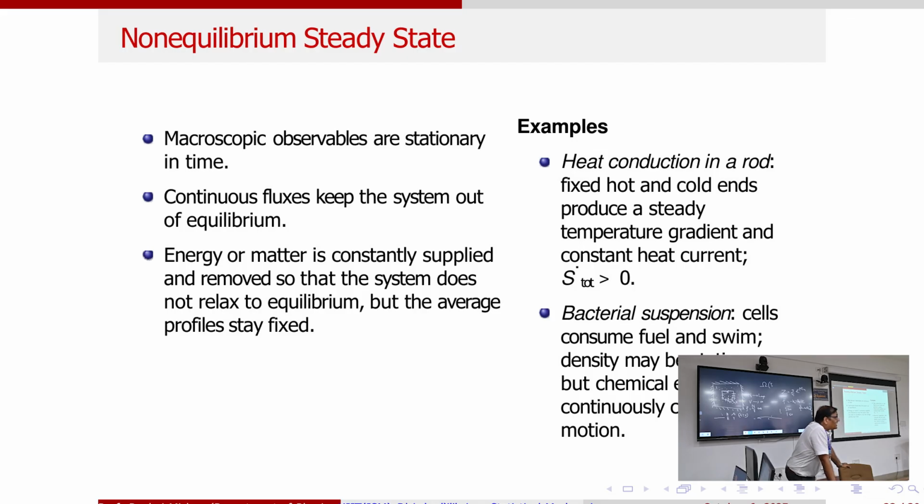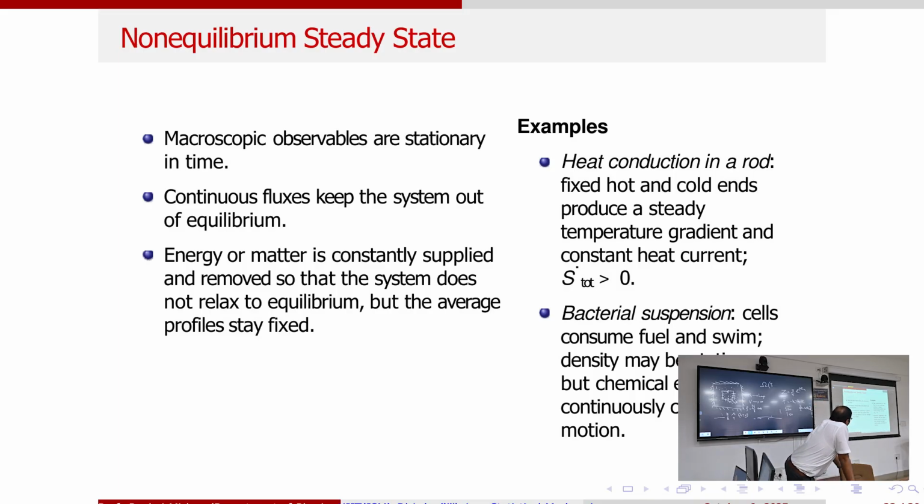Now we talk about the non-equilibrium steady state. Macroscopic observables are again stationary in time, they will not change with time, but there is a net flow of heat. For example, we gave the example of heat conduction in a rod. After a certain time the heat is flowing, but the temperature gradient becomes the same. It doesn't change with time. Then that is called the non-equilibrium steady state.